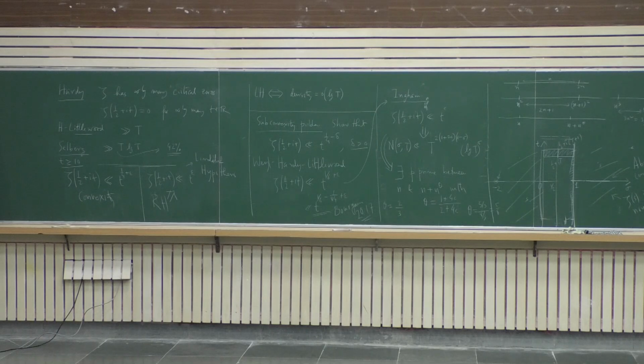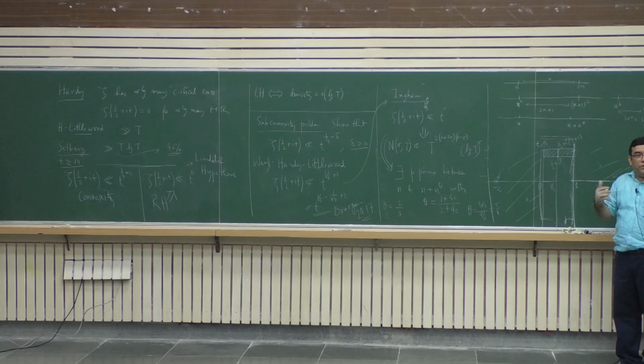And if you can prove a subconvex bound, again there is a functional equation, and from the functional equation you have a convexity bound. The convexity bound is not good, but any subconvex bound here gives you equidistribution. So this is a problem which has nothing to do with primes, but it's related to the size of the L-function. And as I said, the size of the L-function is also related to the zeros.